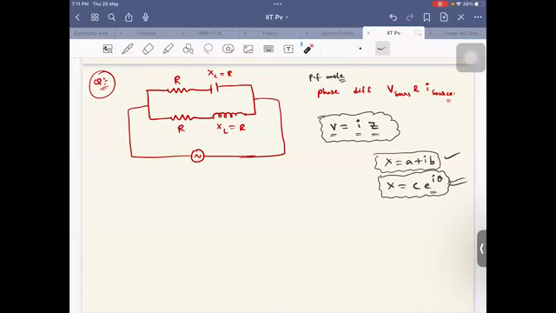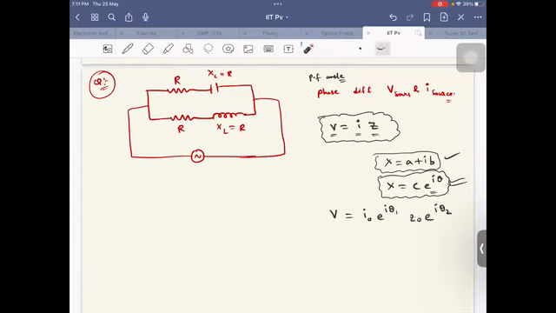Now we know that the angle of V will differ from the angle of I when there is some angle for Z. So let's say I is written as I naught, the magnitude, into e power of i theta 1, and Z is written as Z naught into e power of i theta 2.